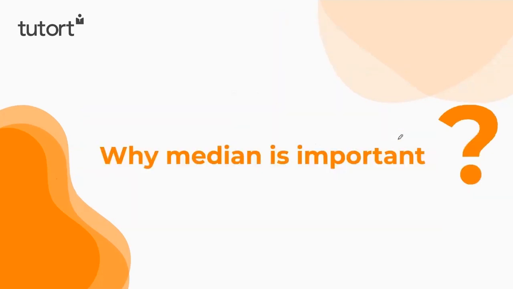So what is the importance of median? Now let's take the same example we took in case of calculating mean. We have two groups, group A and group B. Our agenda is to find out which group consists of more young people. Suppose now in group A, we have the same people, starting their ages from 10, 15, 20, 25.